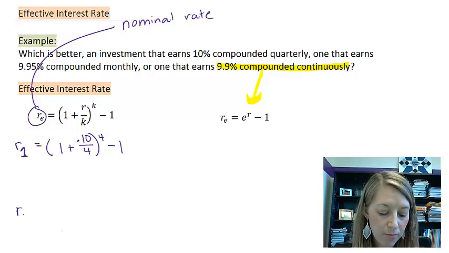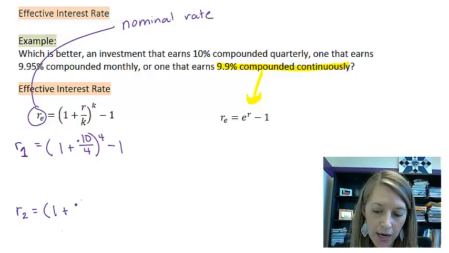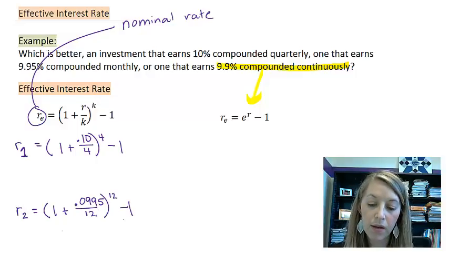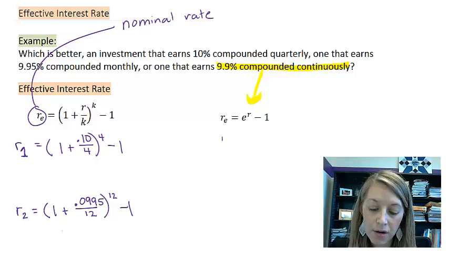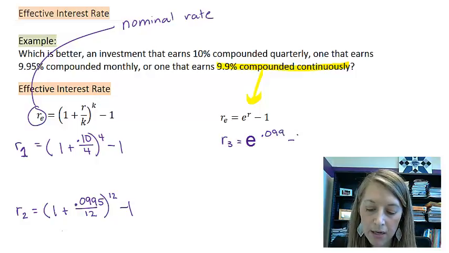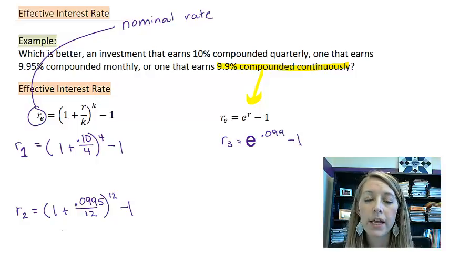My nominal rate for my second example is 1 plus my interest rate of 0.099 compounded monthly. And then my third example, my nominal rate, is e to my rate, 0.099, minus 1. So all I need to do is type these in my calculators to figure out which one of these gives me my best nominal rate.